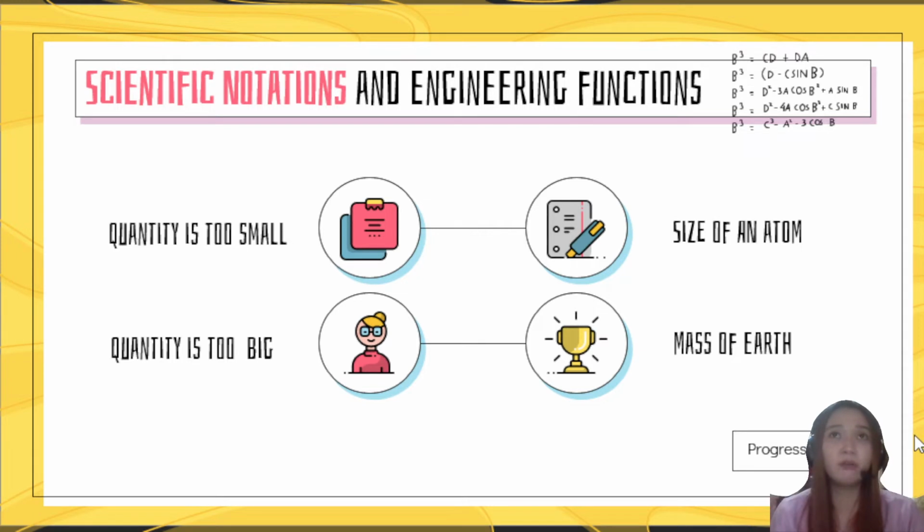Minimum nito, kunwari kapag ka 1,000, pwede mo na siyang i-convert as scientific notation. So, 4 na digits na yon. So, kapag ka naman sa too small, milli, 0.001, basta naka-4 na digits ka dun sa quantity mo, you can express that in terms of either scientific notations and engineering functions. So, later on, malalaman pa natin ano ba ang pinagkaiba nitong dalawa. Okay?